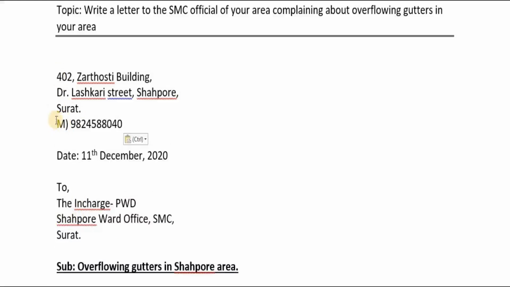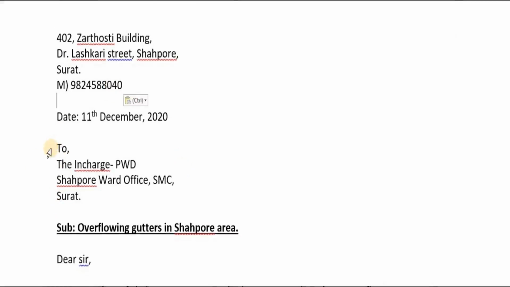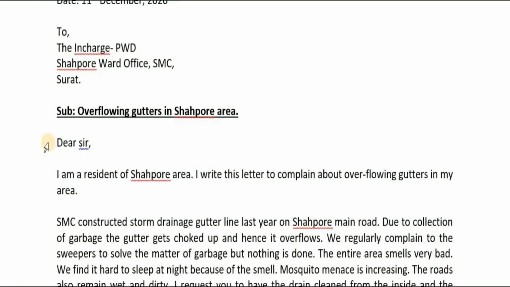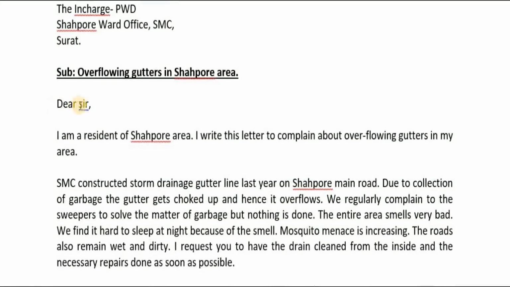So after my address comes my contact details, then the date, then the official's details: to the designation, next line the organization, and next line the city or place. Then comes the subject, and then the salutation. Dear sir is completely fine every time, except for a principal or teacher, where you write respected.